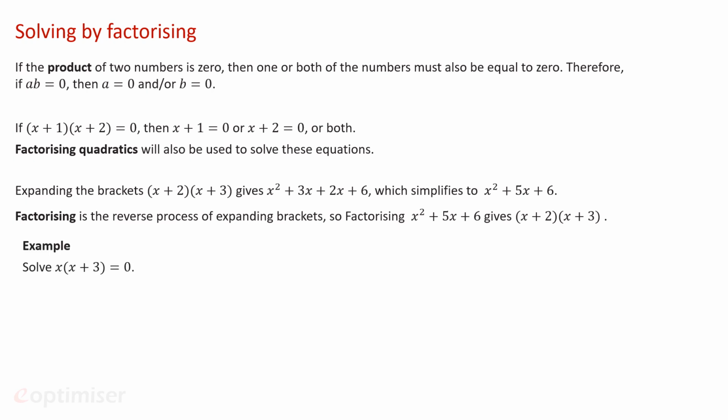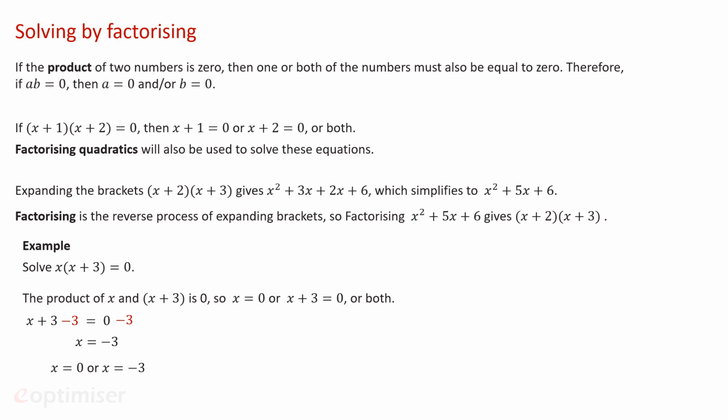So if you want to solve x into x plus 3 is equal to 0, this is already factorized. There are two products, x is one, and you are multiplying it with x plus 3. Therefore, x is equal to 0 or x plus 3 is equal to 0. x plus 3 is equal to 0 means x is equal to minus 3. So x is equal to 0 or x is equal to minus 3 is the answer for this one.